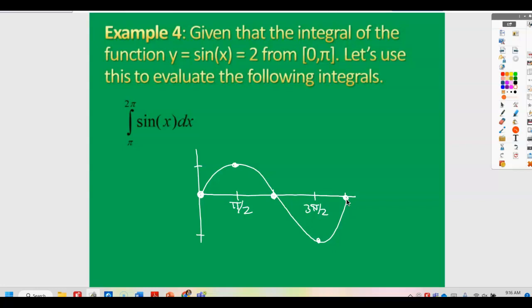Looking at that, wow, that was terrible. If the max and min are 1 and negative 1 above and below, what would that translate to for area from 0 to 2 pi?